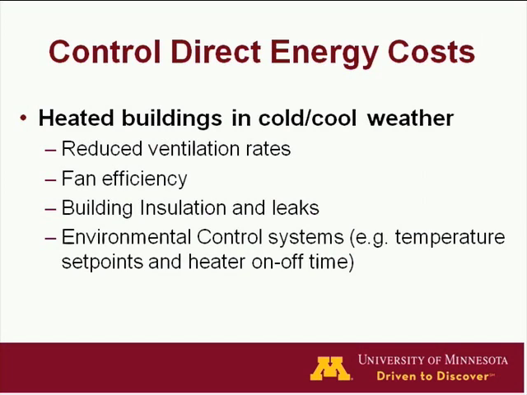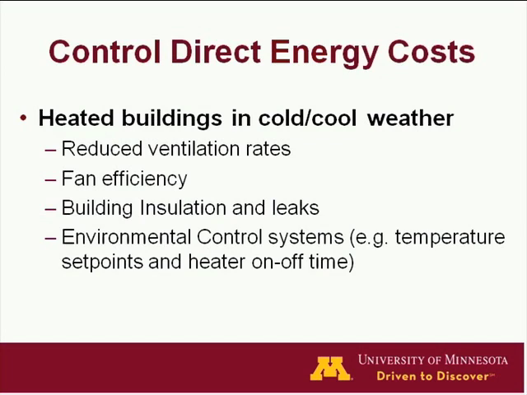So let's talk about ways to control what this direct or fossil fuel energy costs, and I've categorized these as follows. Certainly, controlling or reducing the ventilation rates, as Kevin has already introduced, is key. There are issues about fan efficiency that he also touched on, and concerns about insulation and leaks in the buildings.